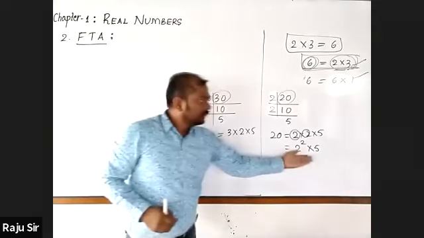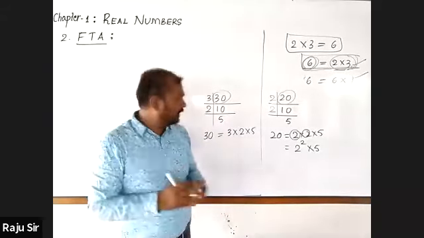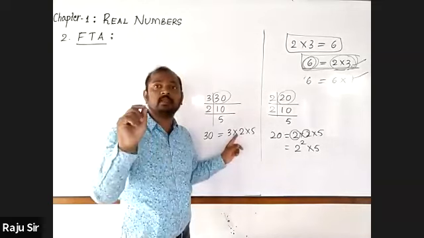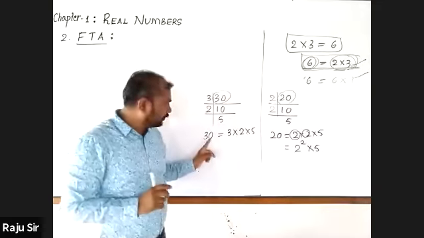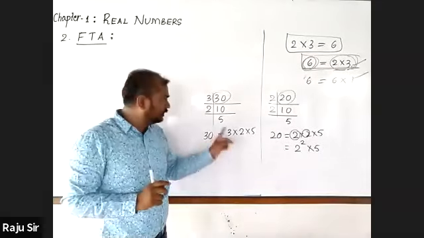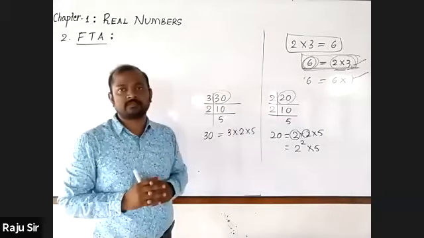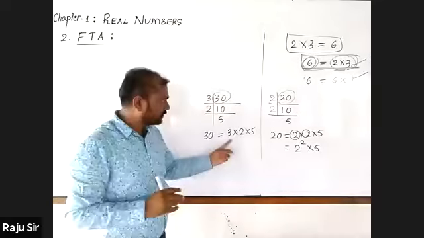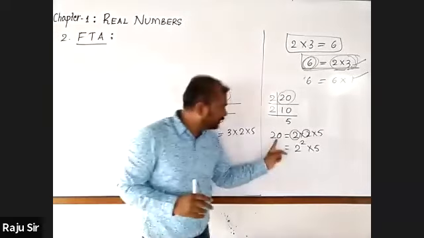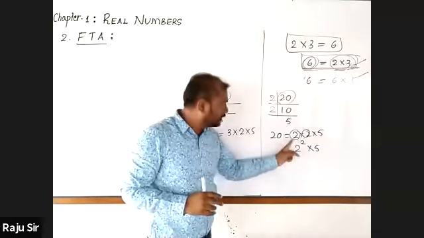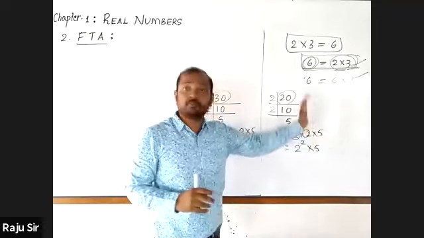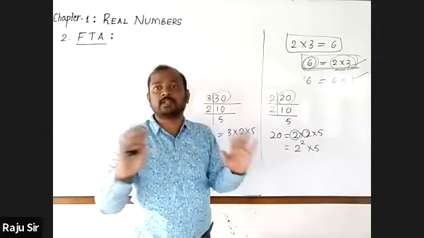But whatever the order may be, the factors will be unique. When you find the prime factorization of 30, you will get 3, 2 and 5 only. No other factors. The order may be changed. When you find the prime factorization of 20, you will get 2, 2 and 5 only. No other factors are possible.